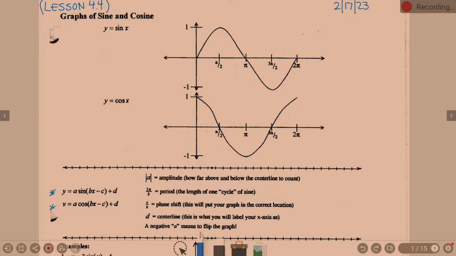So instead of always calling the center axis 0, we'll just rename this. That way our graph is always centered on this line. It makes it a little easier to graph. And then, of course, a negative A value out front just says that our graph is going to reflect upside down.